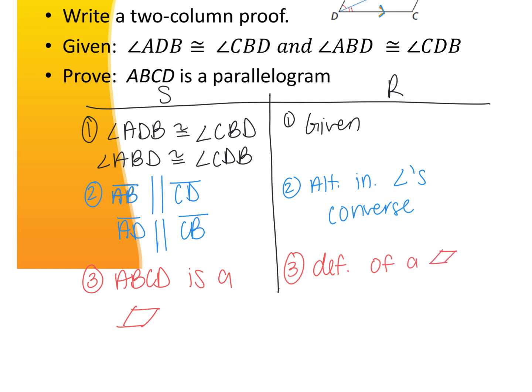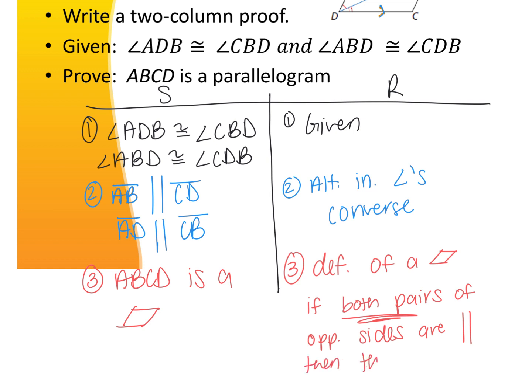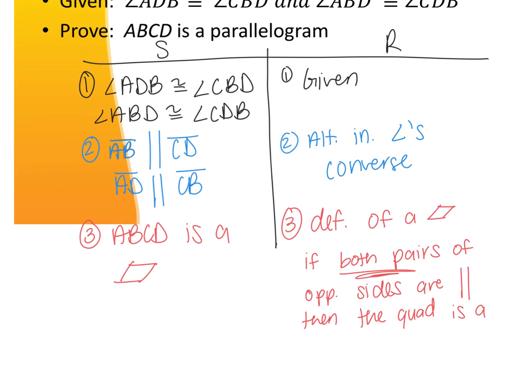And just if you don't know what the definition of a parallelogram is, I'm going to write it. If both pairs, keep in mind it has to be both pairs of opposite sides are parallel, then the quadrilateral is a parallelogram.